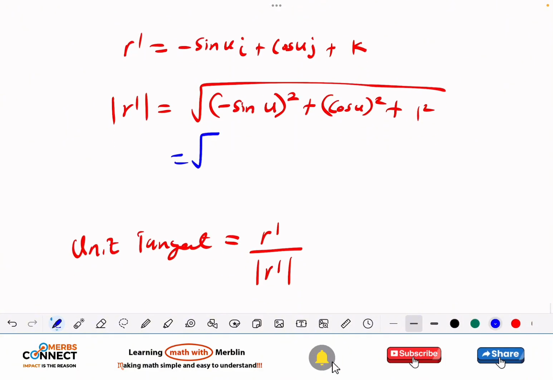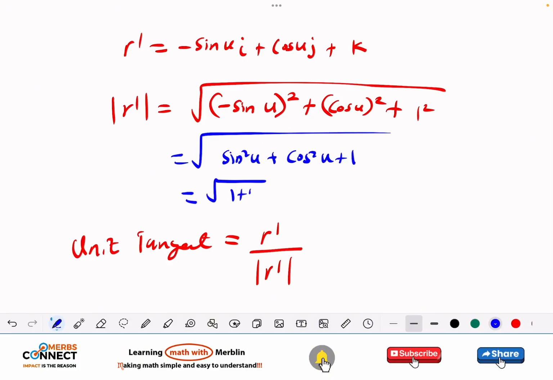So this is going to give us sine squared u plus cos squared u plus 1. Sine squared plus cos squared is 1. So I'm going to have 1 plus 1, and this is going to give me root 2. So everything is set. So this is going to be minus sin u i plus cos u j plus k.